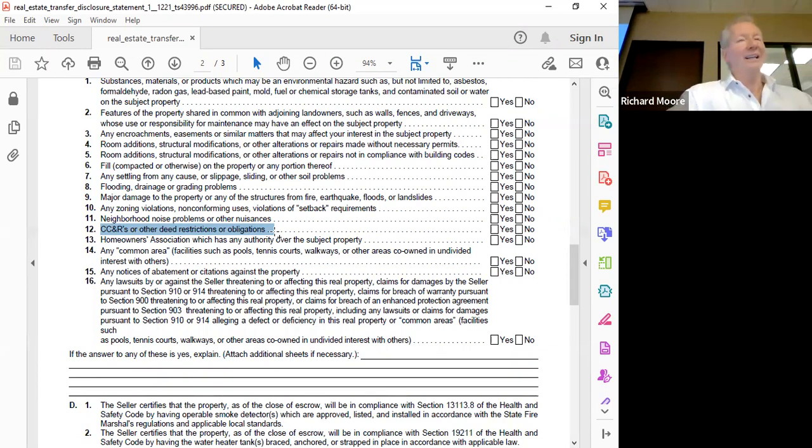As I said, the carbon monoxide detectors are not a point of sale requirement. Smoke detectors are. So that has to be done before the transaction closes. Carbon monoxide detectors are required by law, and the contract goes to the extent of requiring it before the close of escrow. But they can decide who's going to pay for that.